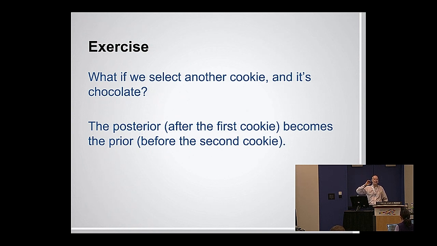And if you like, let's keep it simple. Let's pretend that the proportion of cookies in the two bowls does not change. So forget about the other cookie that you took out. If you want, you can figure it out. It will be a slightly different number, but just to keep it simple, let's pretend that bowl 1 is still 3/4 vanilla, bowl 2 is still 50-50.